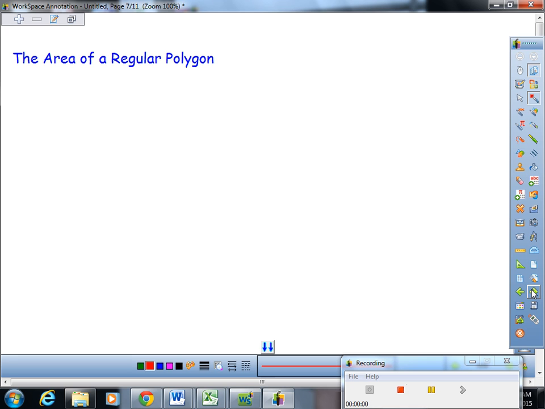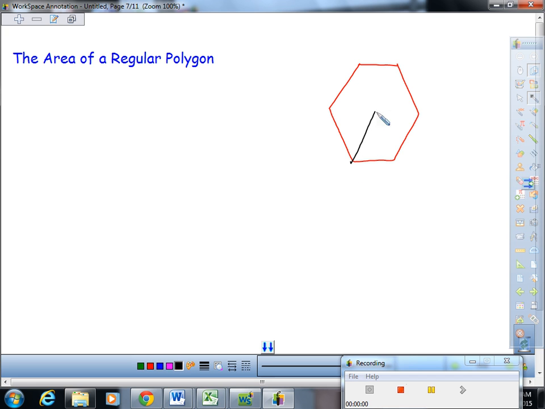Okay? Area of a regular polygon. We'll start with a hexagon because that's the easiest to draw. Okay. You've got this Trivial Pursuit piece. I don't even know if you guys know what that game is anymore.